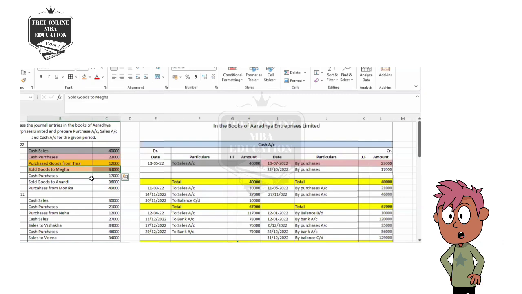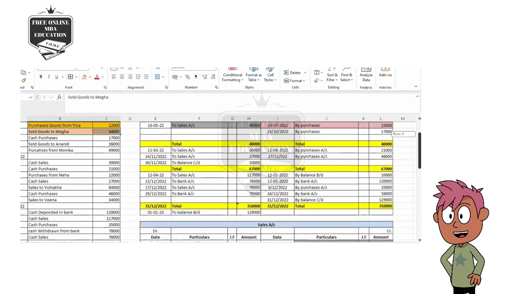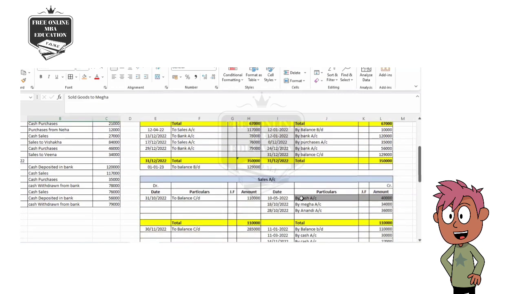So Megha account debit to sales. We are not going to maintain Megha's account because it's not required as per the sum. So on the credit side of sales account, we will find by Megha, 34,000.